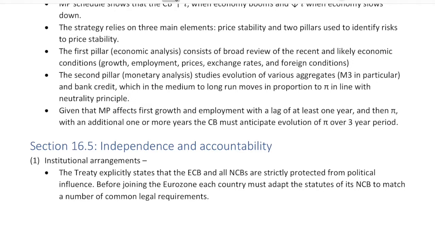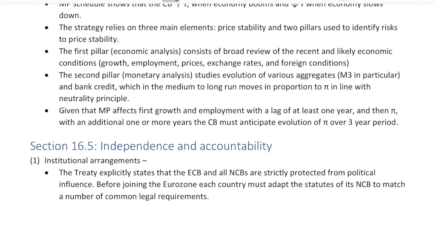So how does Europe ensure that its central bank is independent and accountable? Specifically, one of the things to think about is what are the characteristics that are specifically crafted to ensure that the central bank is independent and accountable.